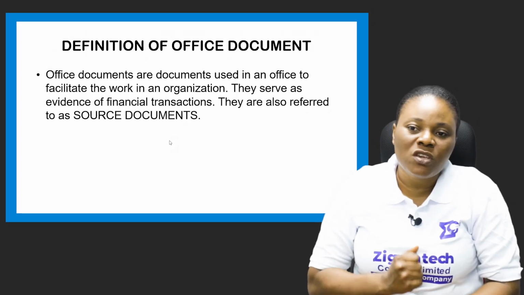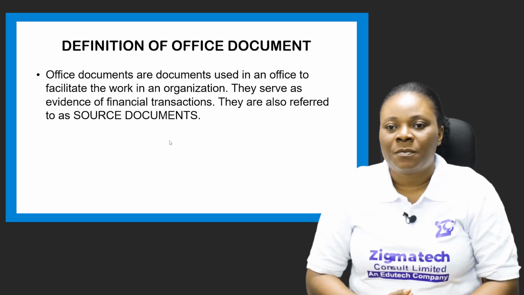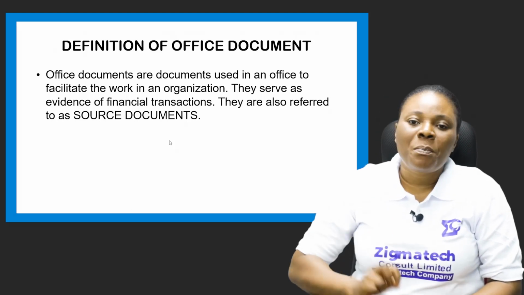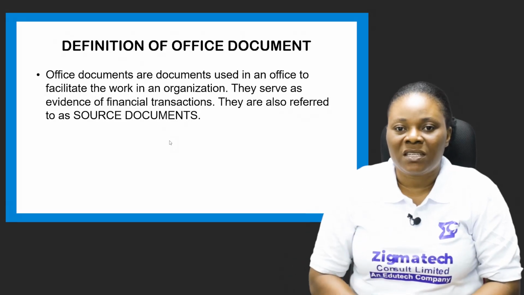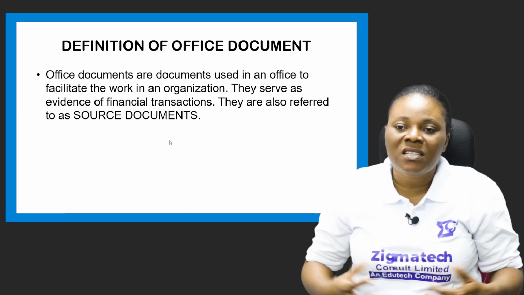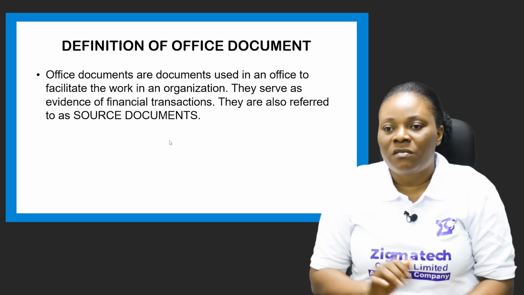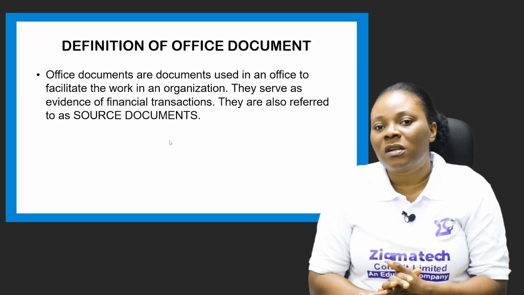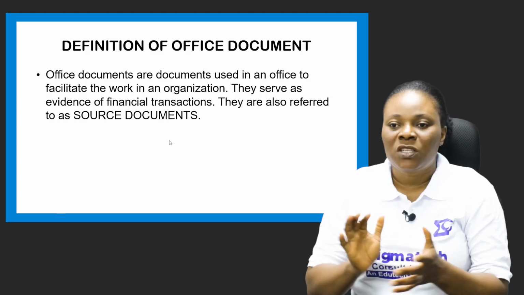It does not portray you as a good worker. For every activity carried out in an establishment, proper records must be taken. And there are documents that facilitate the keeping of such records. All these documents used to keep these records are referred to as office documents.